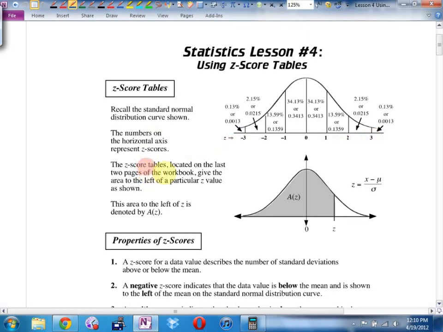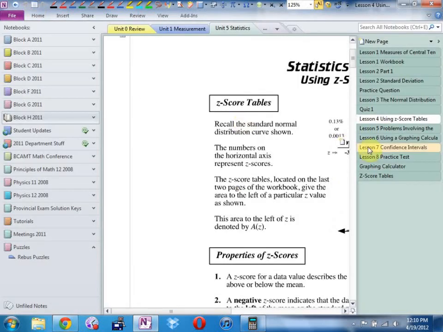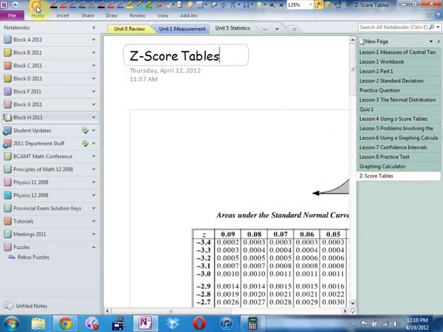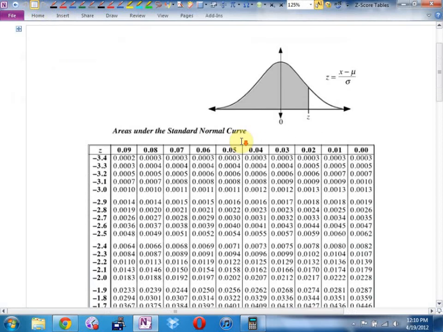Z-score tables are located on the last 2 pages of your workbook. Why don't you flip open the last 2 pages of your workbook? When you do that, you will see these. These are Z-score tables. Remember that funky equation with the pi and the e, that really complicated one?